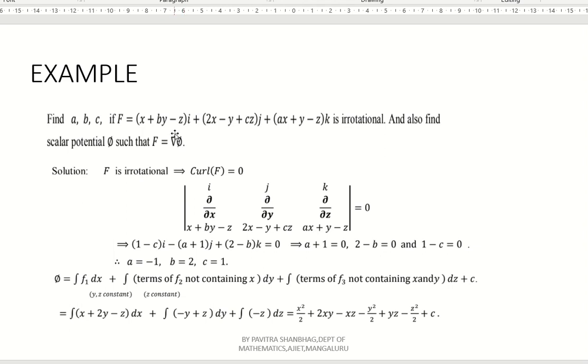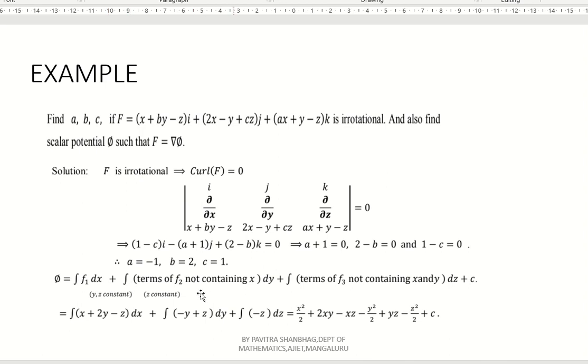So here we need to equate the coefficient of i, equate the coefficient of j, and equate the coefficient of k with this capital F, and apply this rule. How to obtain phi? First one, integral f1 dx, and here you have to remember, keep y and z constant and add the constant of integration in terms of a function of the other two variables, that is y and z.